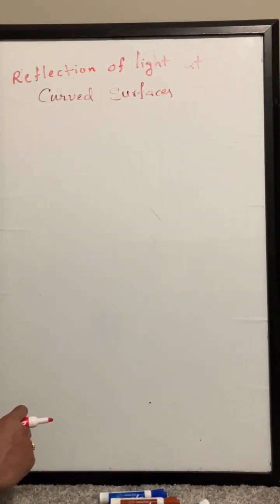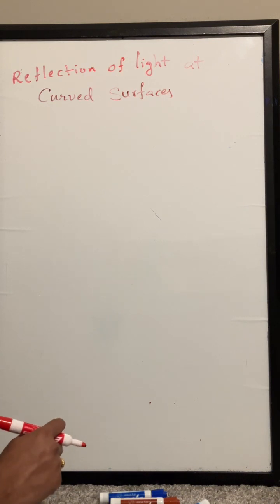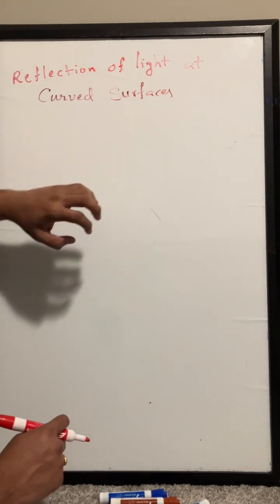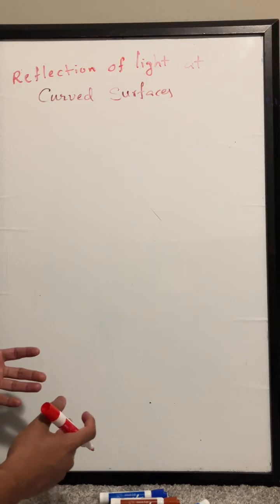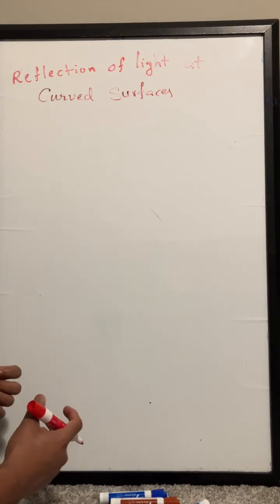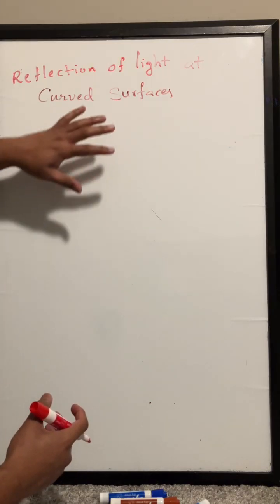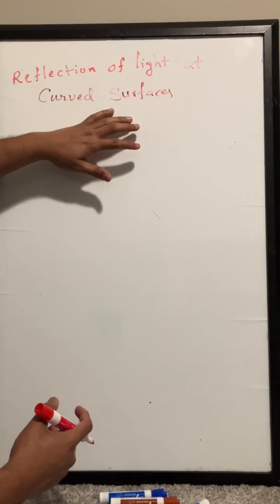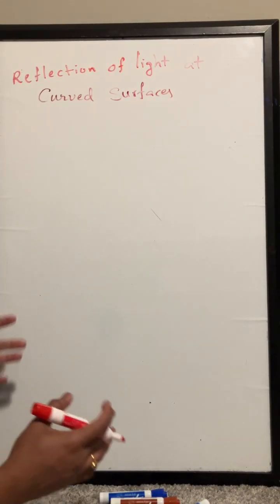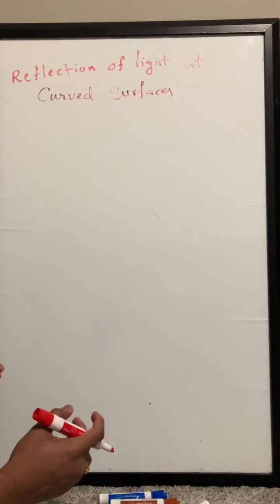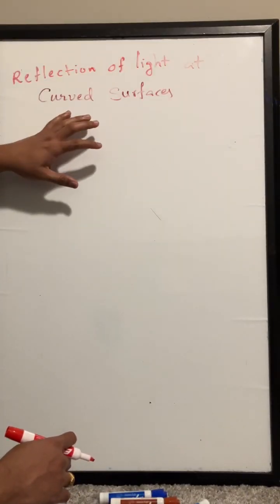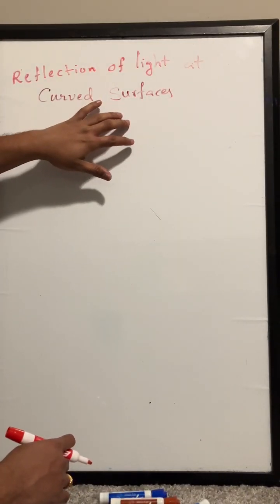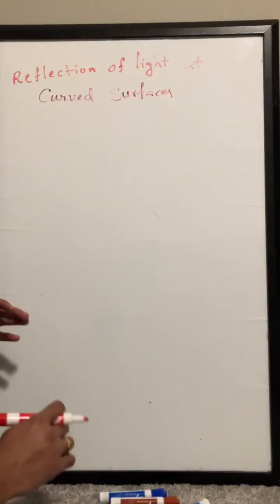Before getting into that, a small introduction, just to understand what our curriculum is, what exactly this chapter is explaining. Curved surfaces is a very vast chapter, where many types of curved surfaces are discussed.